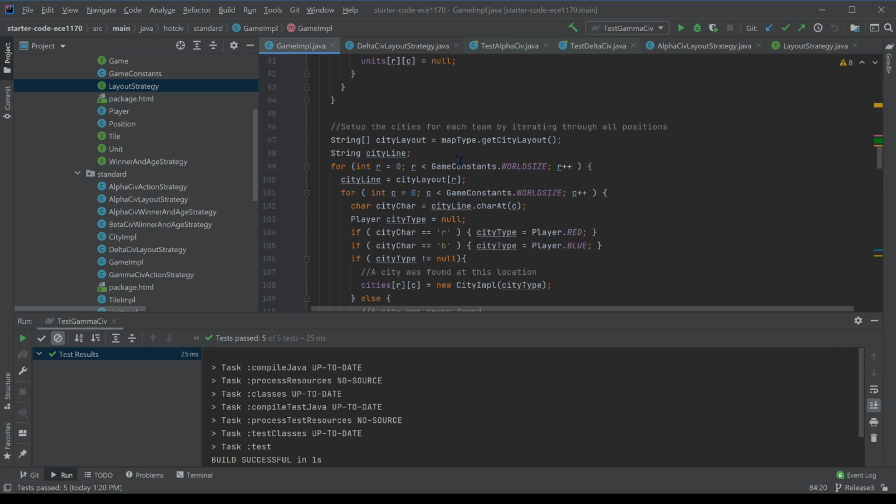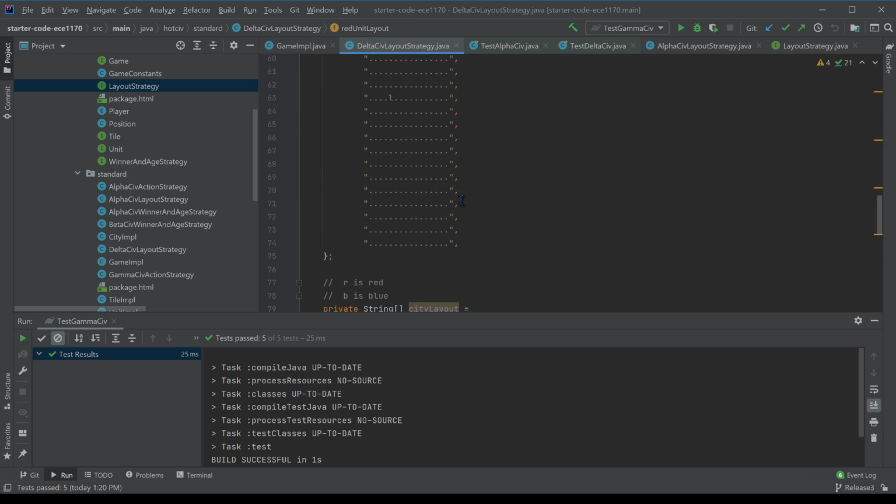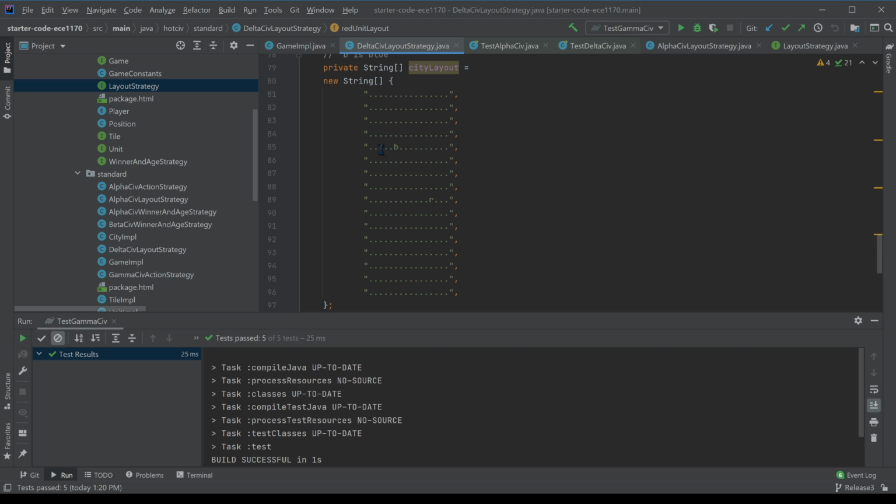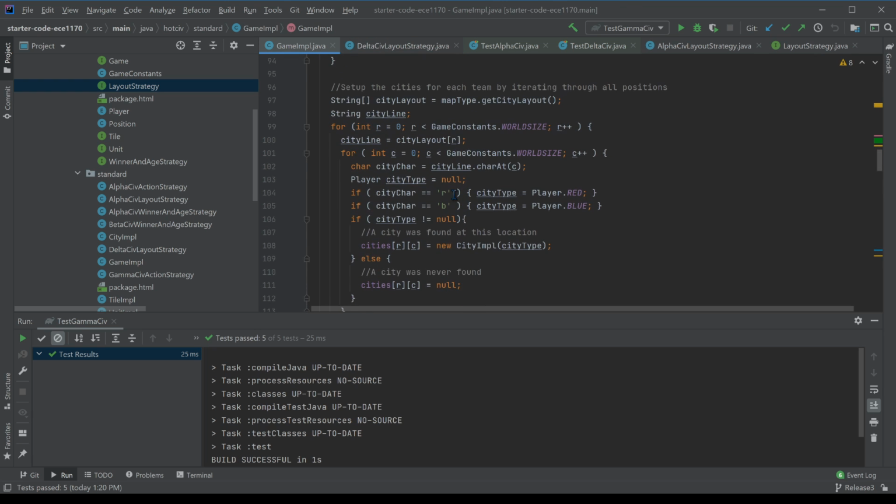For cities, it's a little bit easier because you only have one type of city for each player. So in my layout, I just had the letters B and R for blue and red. And then I did a similar thing where I ran through the entire string, and tested for each character.